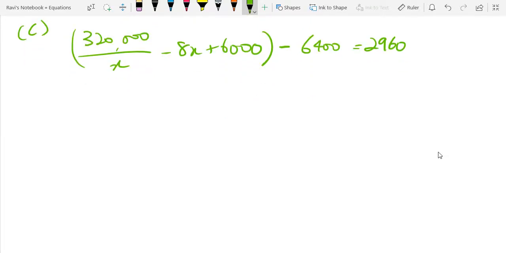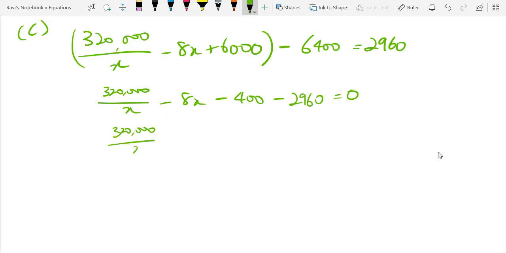So 320,000 over X minus 8X plus 6,000 minus 6,400 is minus 400. 2,960 I bring over becomes minus 2,960 equals 0. So 320,000 over X minus 8X minus 3,360 equals 0.